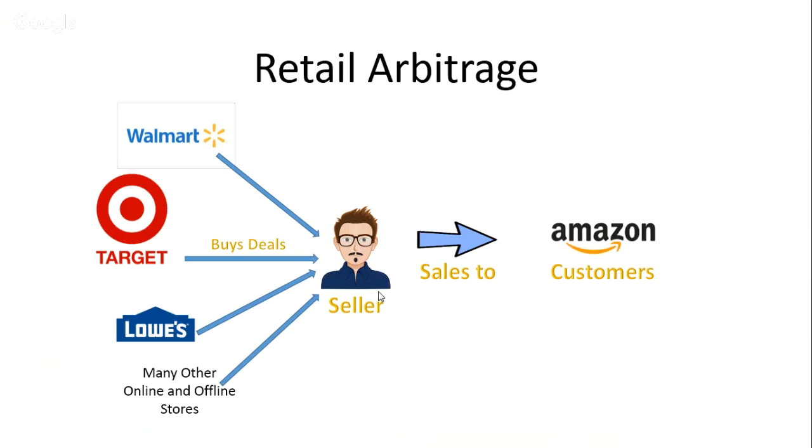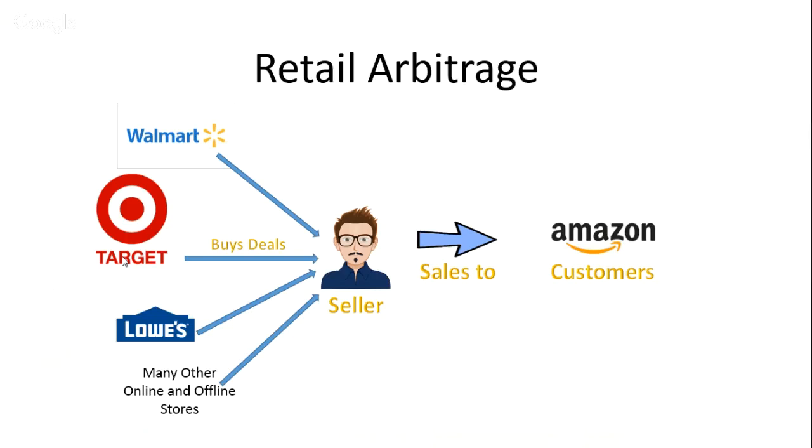But usually in this model the sellers go to marketplaces like Walmart, Target, Lowe's, all these American marketplaces. They have an online presence and offline stores as well, and you can find their deals anywhere.